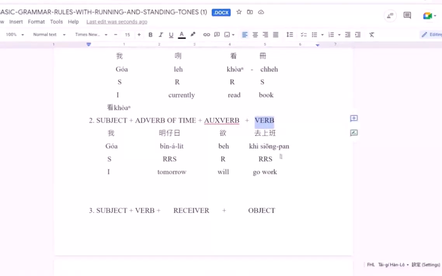And then we have a verb group here, because it's a group of verbs. So, gua bin a dit be ki xiong pan. Gua bin a dit be ki xiong pan.